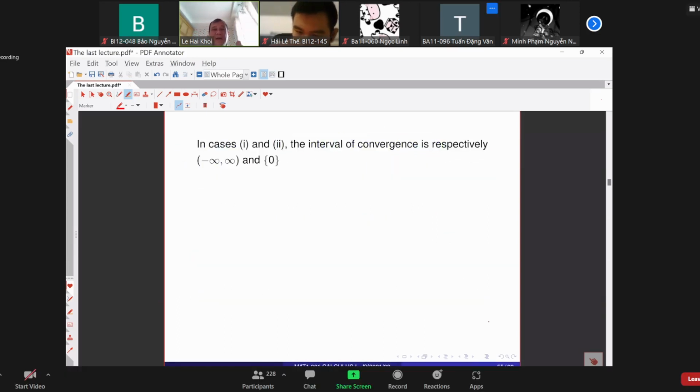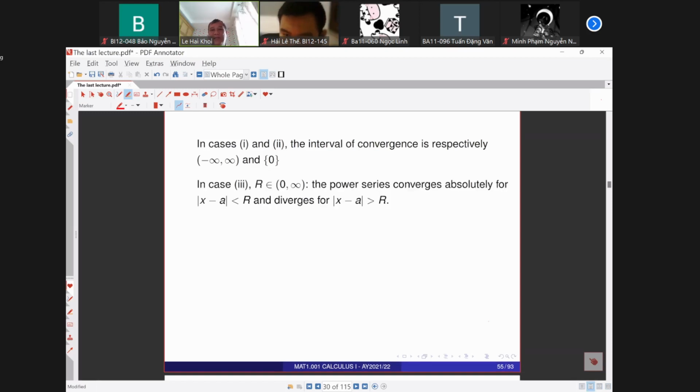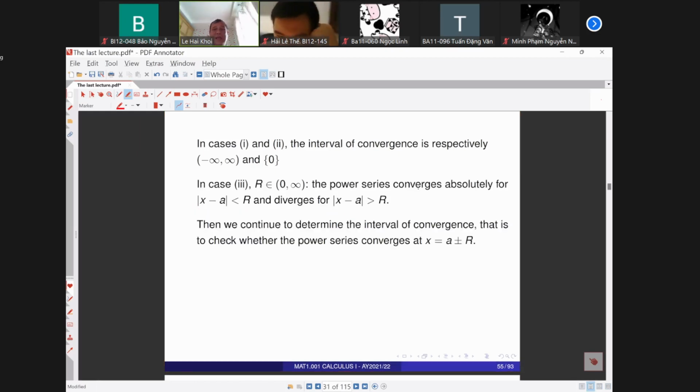For the first and the second case, we already talked about the whole real line or only one point. For case 3, you know only inside convergent, outside divergent. We don't know at the endpoint.